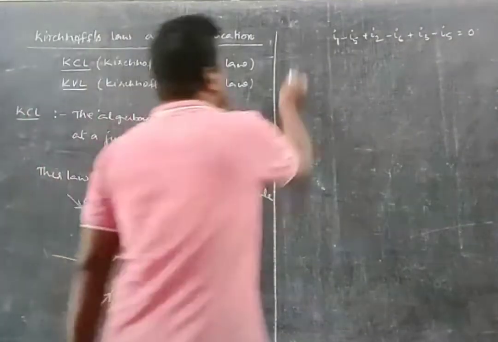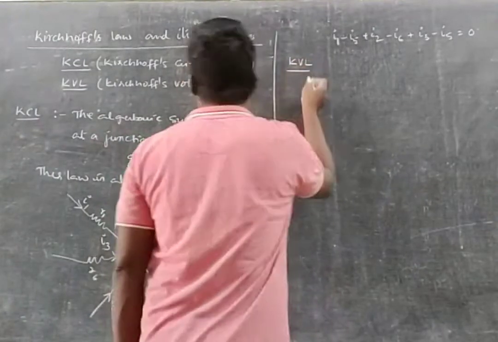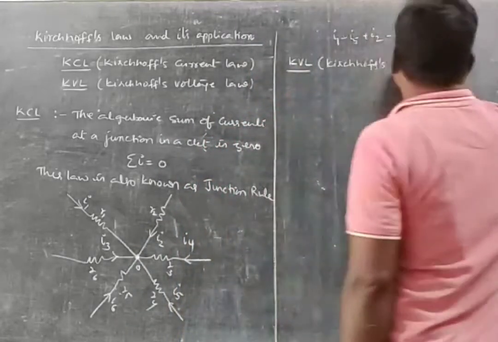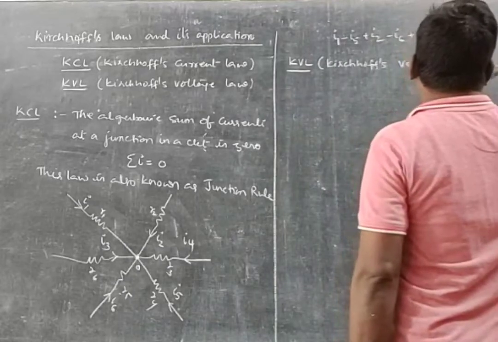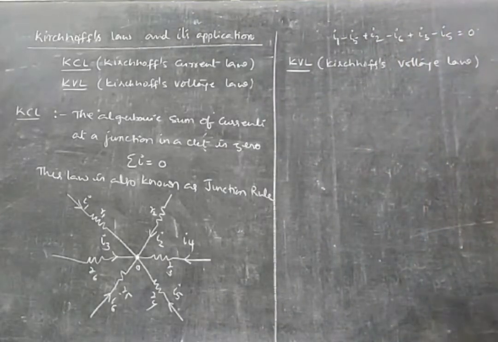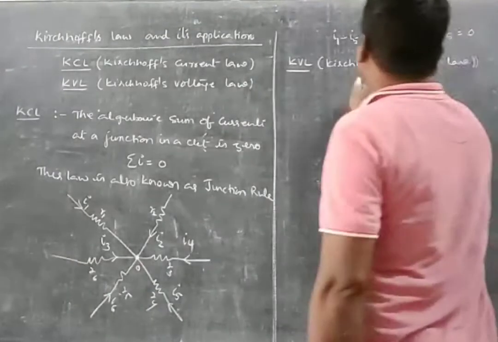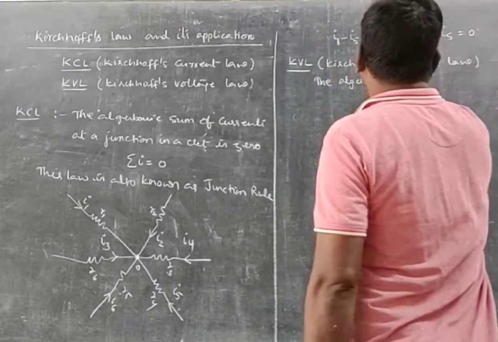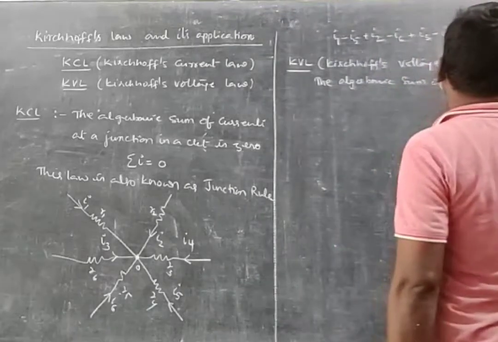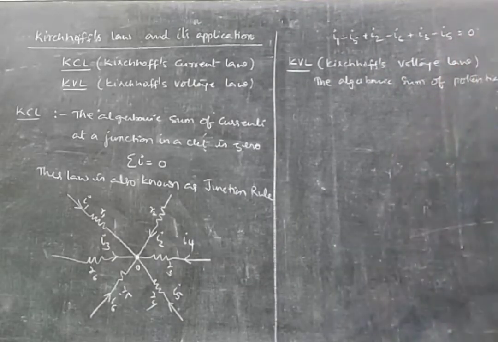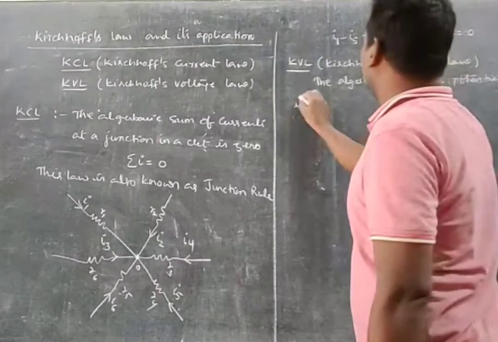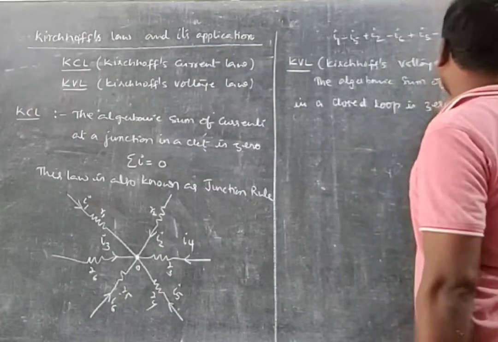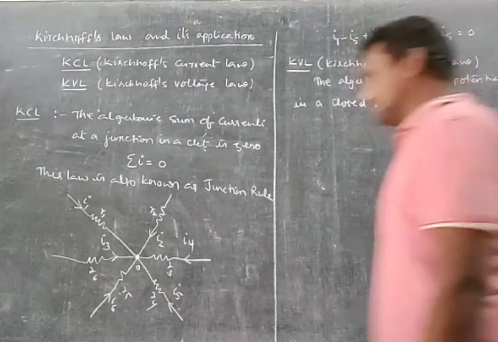Now the second, KVL. What is KVL? Kirchhoff's voltage law. KVL says the algebraic sum of potentials in a closed loop is 0.